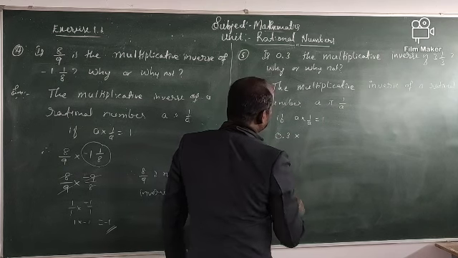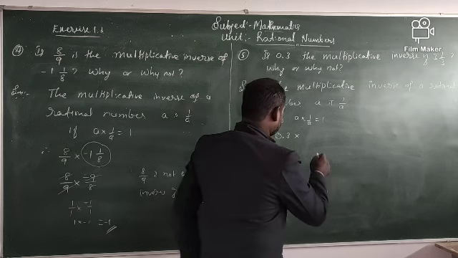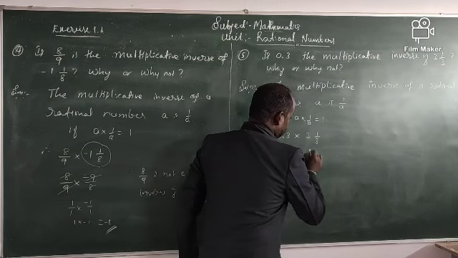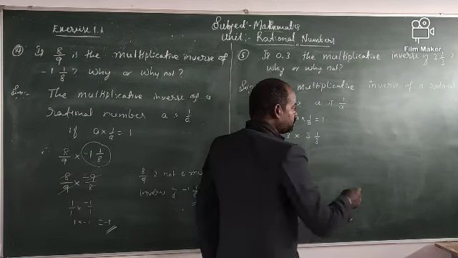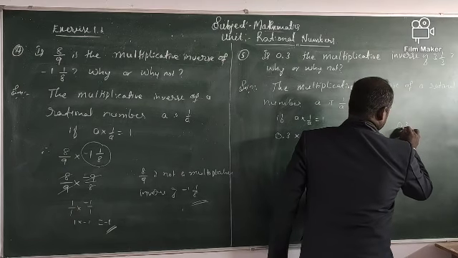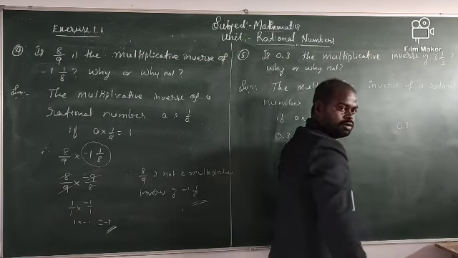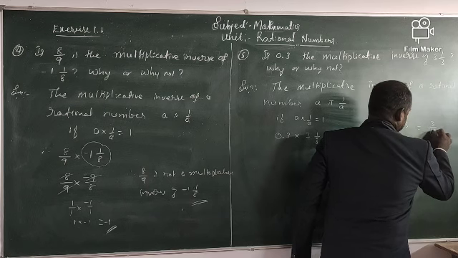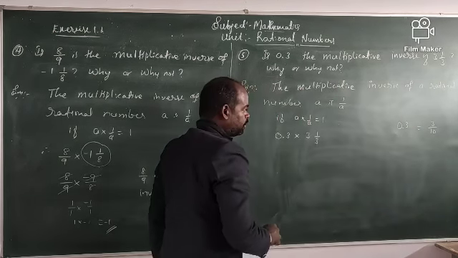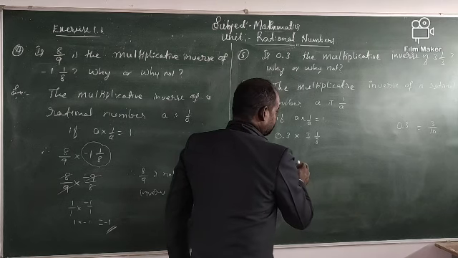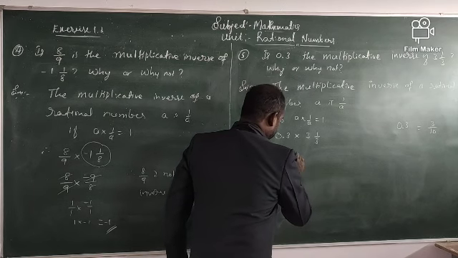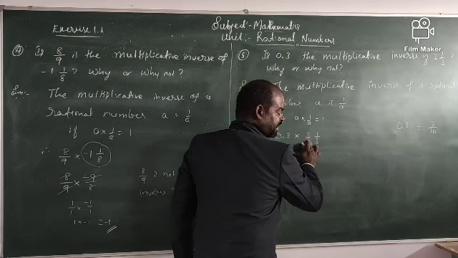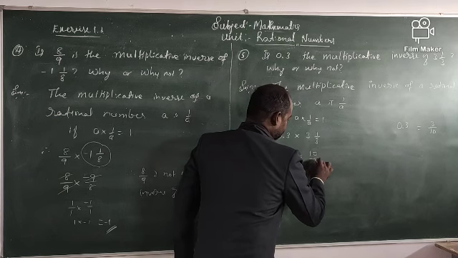0.3 into, what is the fraction given? 3 1/3. We know that in decimal form, 0.3 we can write as 3 by 10. Here 0.3 into 3 1/3, 3 threes are 9 plus 1, 10 by 3.